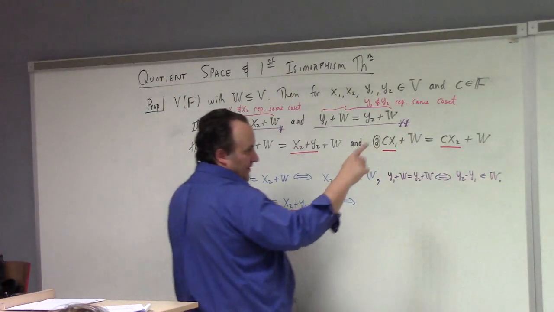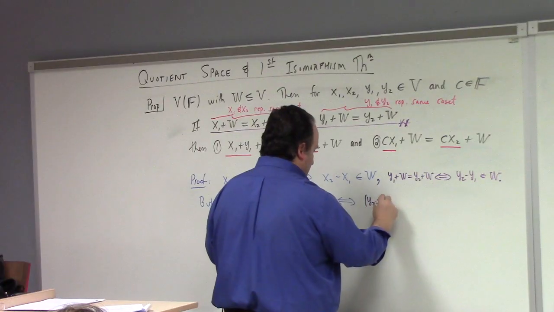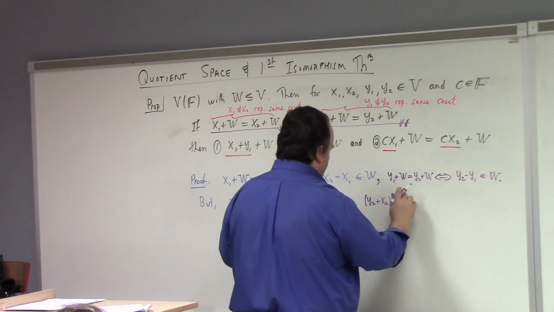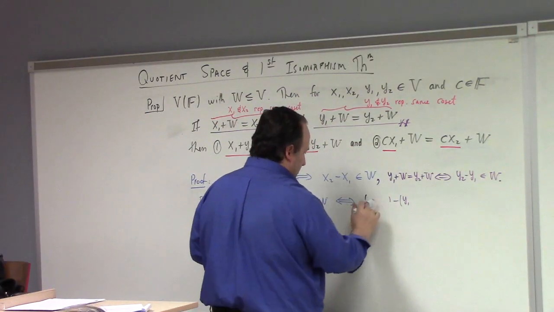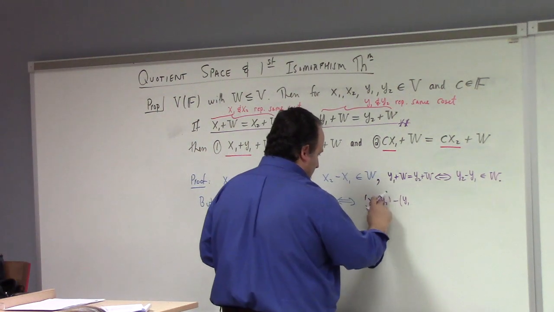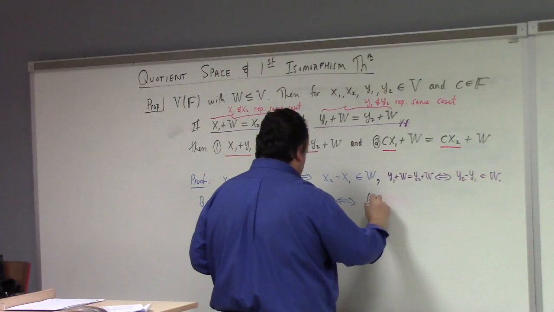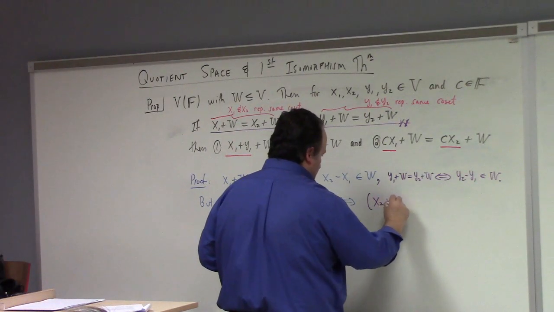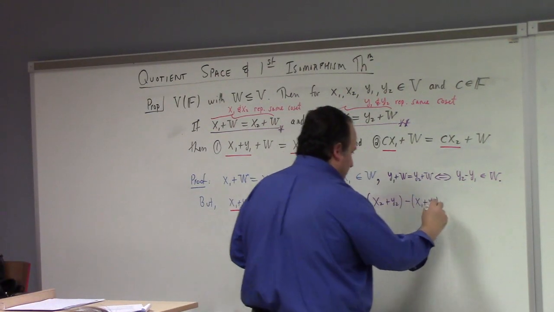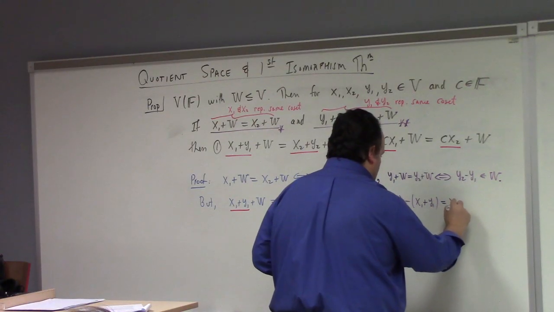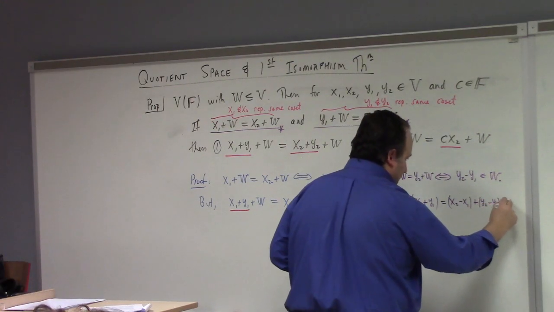But that's true if and only if, by the previous proposition, the difference of what? x2 plus y2 minus x1 plus y1, right? Which, by the way, is equal to x2 minus x1 plus y2 minus y1, is an element of W.